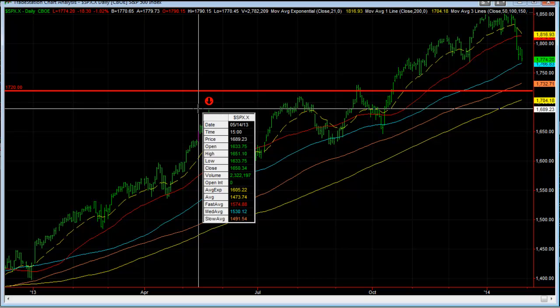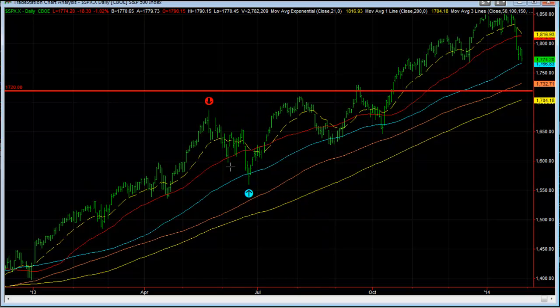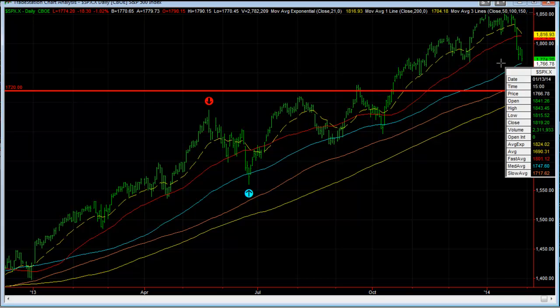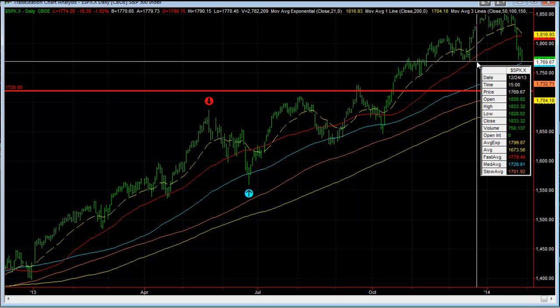So from this point here at about 1689 to the low there at 1562, this is approximately 130 points. So 130 points from this top here at 1850 takes you down to this red line right here, which comes in right around that 150-day moving average. So the potential max target that I'd be looking for is right down here about 1720. But we've had a pretty good move down, so it wouldn't be surprising to see it hold right in here at the 100. And also you can see that pivot low right there at 1769.